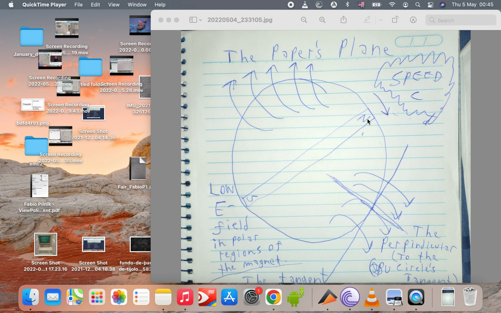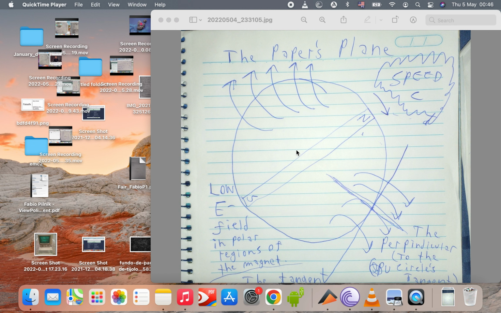First thing, I'm going to emphasize that we've been considering the spinning magnet as a two-dimensional structure spinning on the same plane as this paper, but I haven't emphasized the speed c yet. The speed c is the speed at which it is spinning, and if you increase the size of this magnet or you shrink it, what is going to be conserved is the speed c relative to this circumference.